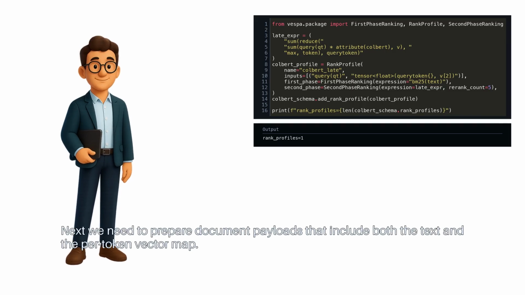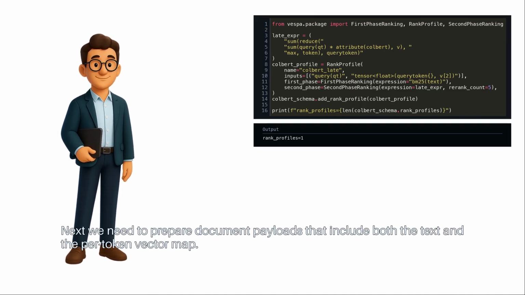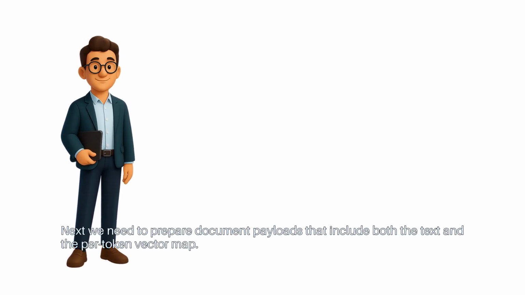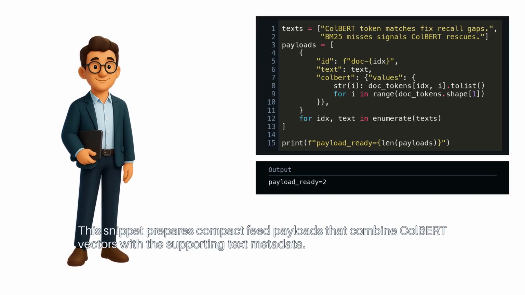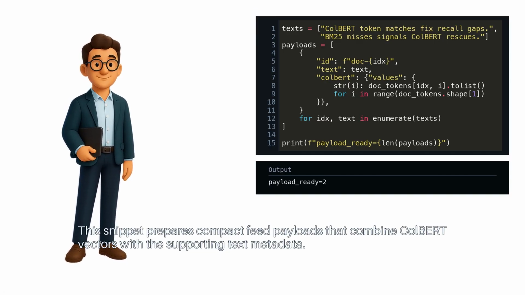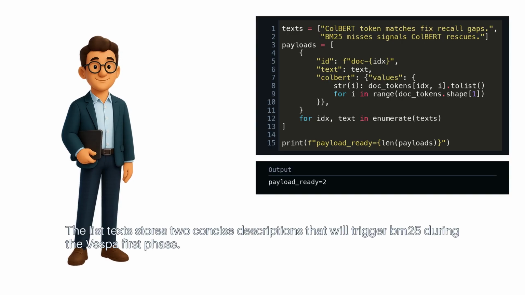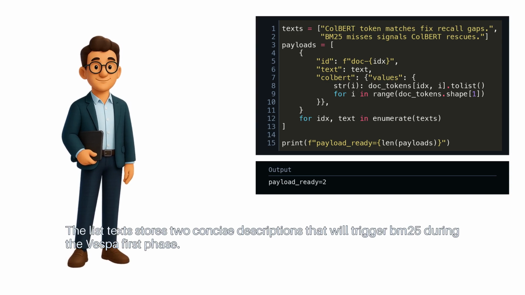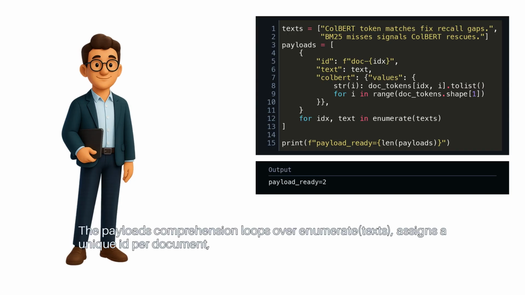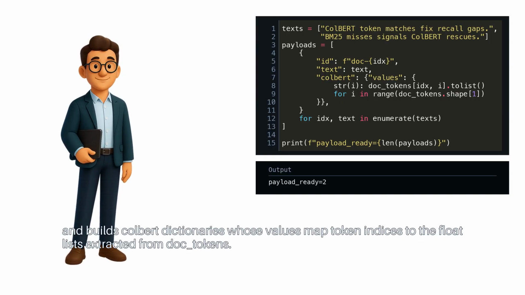Next, we need to prepare document payloads that include both the text and the per-token vector map. This snippet prepares compact feed payloads that combine ColBERT vectors with the supporting text metadata. The list texts stores two concise descriptions that will trigger BM25 during the Vespa first phase. The payloads comprehension loops over enumerate(texts), assigns a unique ID per document, and builds colbert dictionaries whose values map token indices to the float lists extracted from doc_tokens.